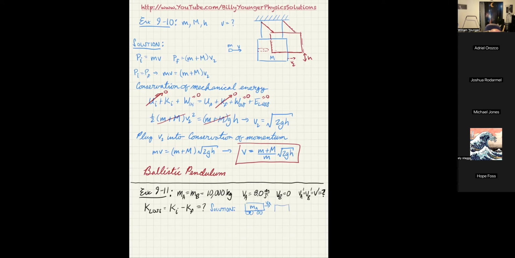And this is a train car with a mass MB. Of course, in this particular example, the train cars MA and MB are equal. But then after the collision, they are stuck together and moving with a velocity V prime.